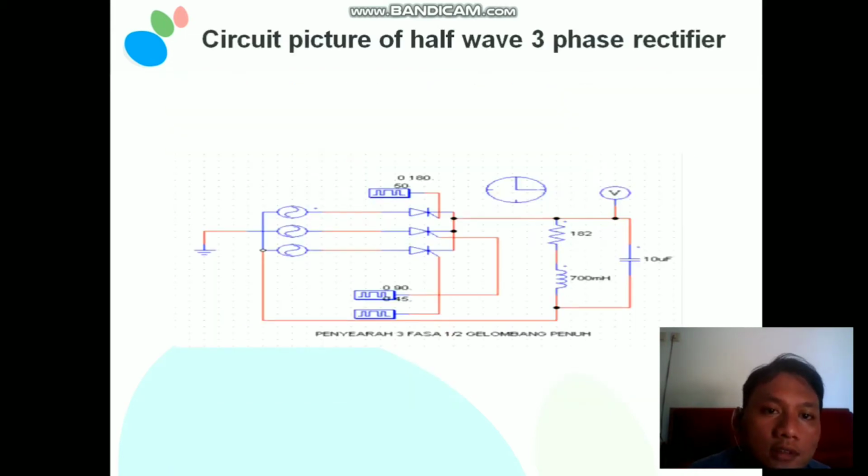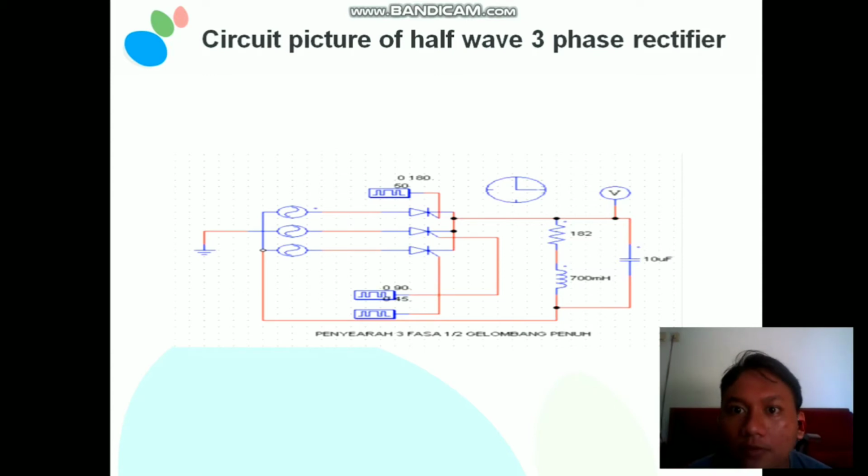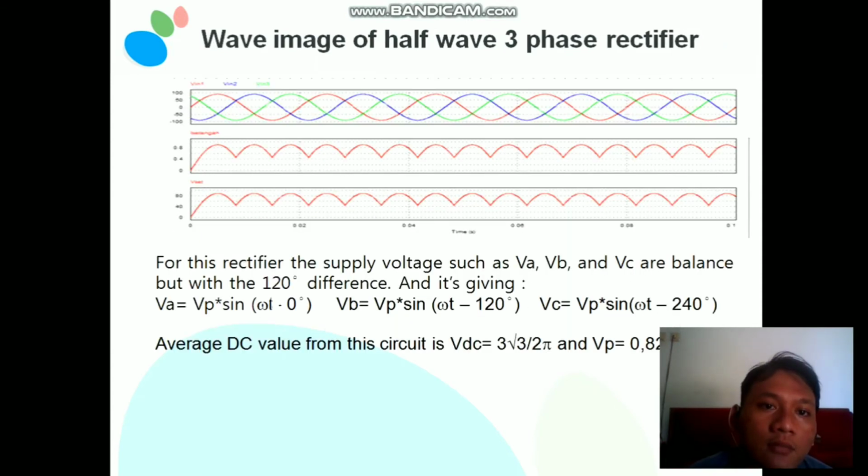This is the circuit picture of the half-wave three-phase rectifier, and this is the wave image of the half-wave three-phase rectifier. For this rectifier, the supply voltages VA, VB, and VC are balanced, but with a 120 degree difference.